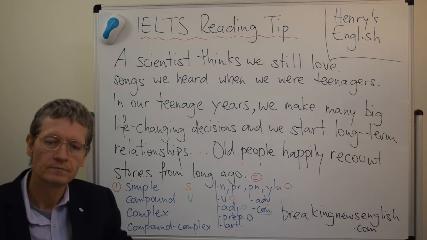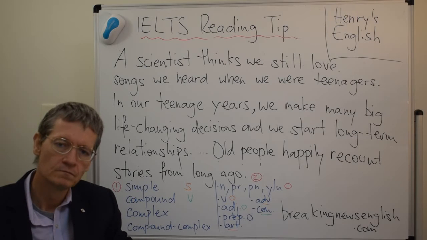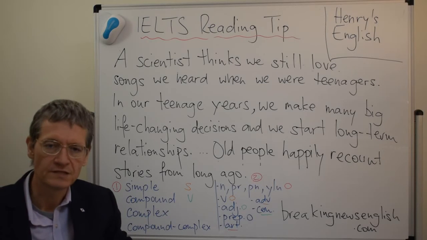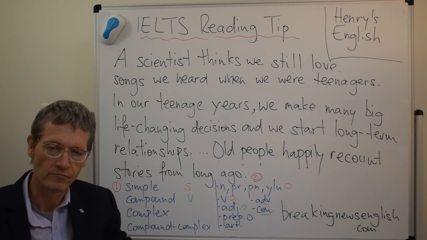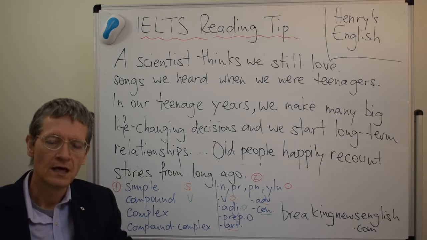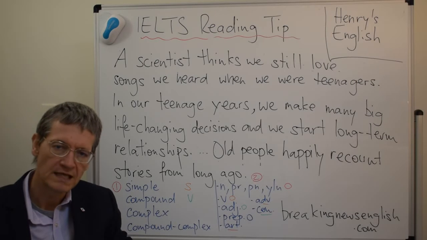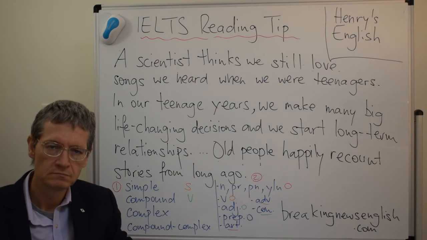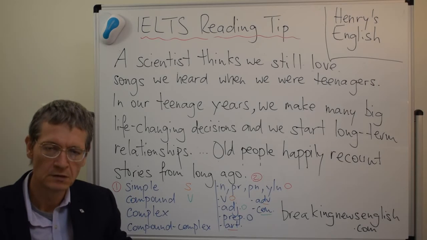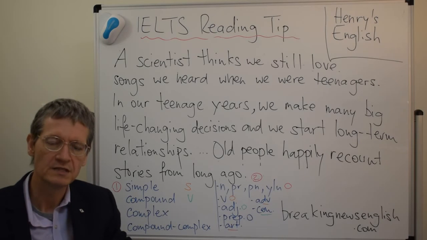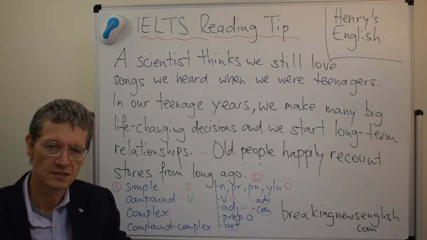For example, if I say to you, Lucy eats breakfast every day, that is an independent clause. It stands on its own. Now, if I say to you, eats breakfast every day, it's not an independent clause. It's missing information. We need a subject there. We're missing Lucy or another subject. So that's a simple sentence.